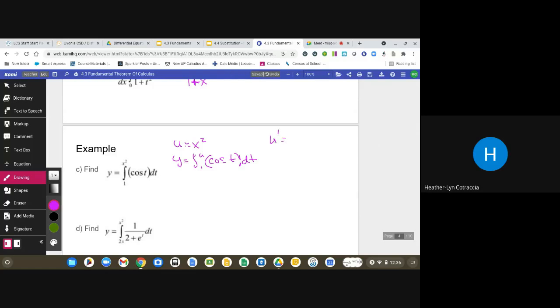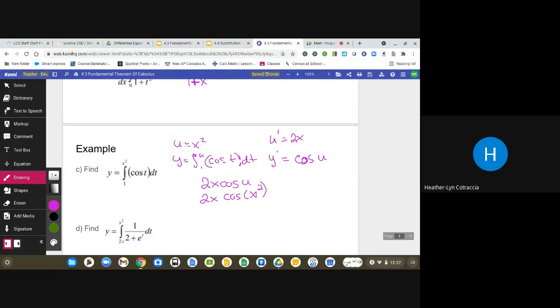So u prime will be equal to 2x, and y prime, so the derivative of this integral right here, is going to be cosine of u. Now with chain rule, we're going to multiply both of those things together. So we would get 2x cosine of u, which will be 2x cosine of x squared.